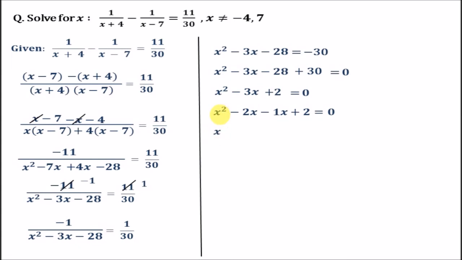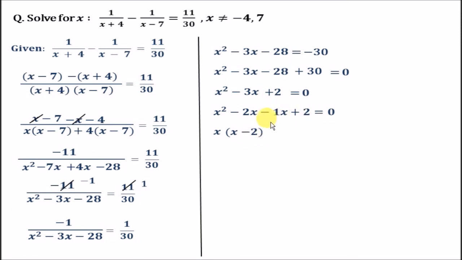So on taking x common from the first group, in the first term we had x squared, and in the second term we had 2x's. So after taking 1x common, we will be left with 1x. And from the second term, since we had 2x and x has been taken common, we'll be left with minus 2. x into x minus 2 from the first group.